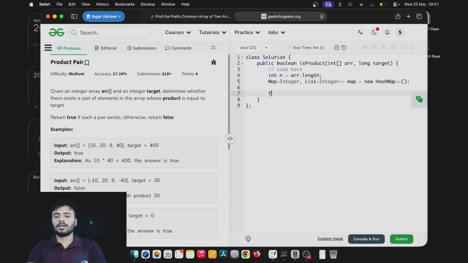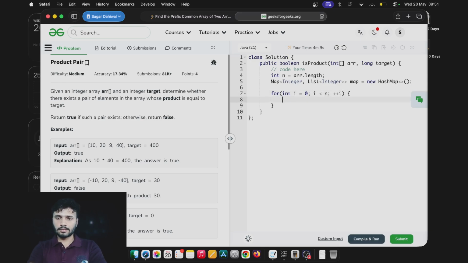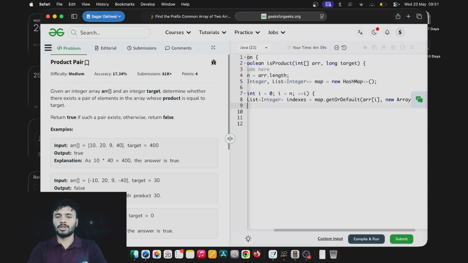For index I from 0, I plus plus, map dot put, first get or default for arr I, a new ArrayList, which will be our list of indexes for this particular number.